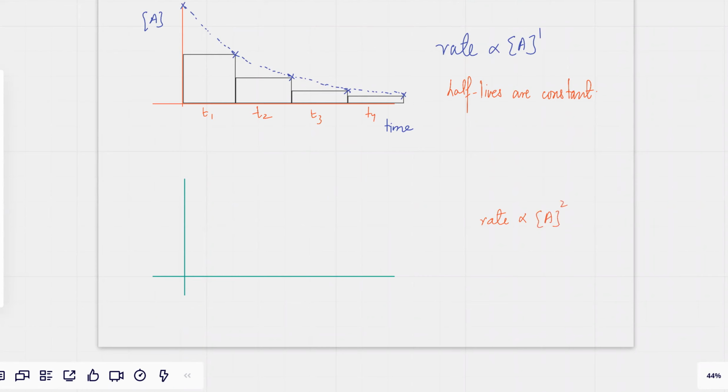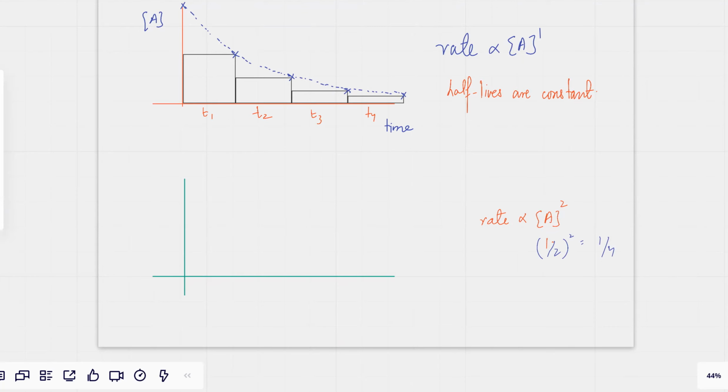The effect of A's concentration on the rate of the reaction would be a lot. If A's concentration decreases by half, then that indicates that the rate would become 1/4. So that means the rate is very sensitive to A's concentration.